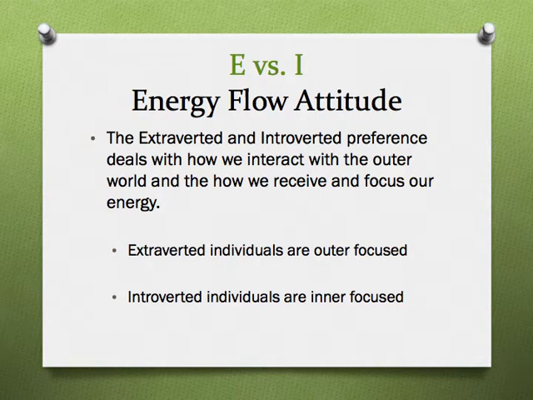Extroverted individuals are outer focus. They prefer interacting with others, focusing on their outside world. Introverted individuals, they prefer inward focus, reflecting, reading, relaxing, things that are more individual based than outwardly focused.